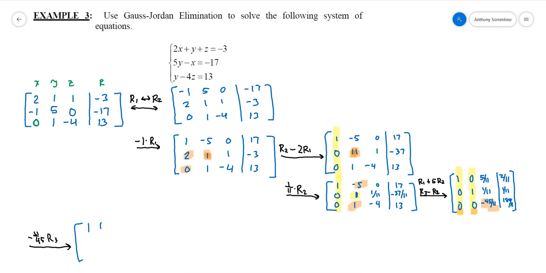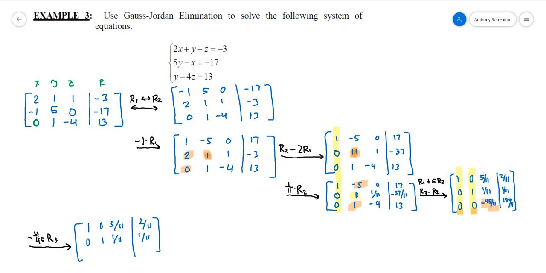Which means this row is not being touched. This row is not being touched. And that should still be negative 37 over 11.